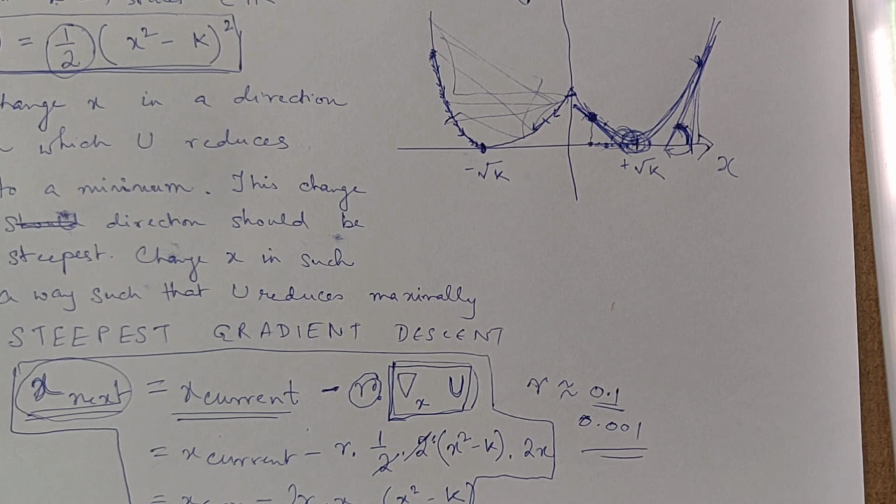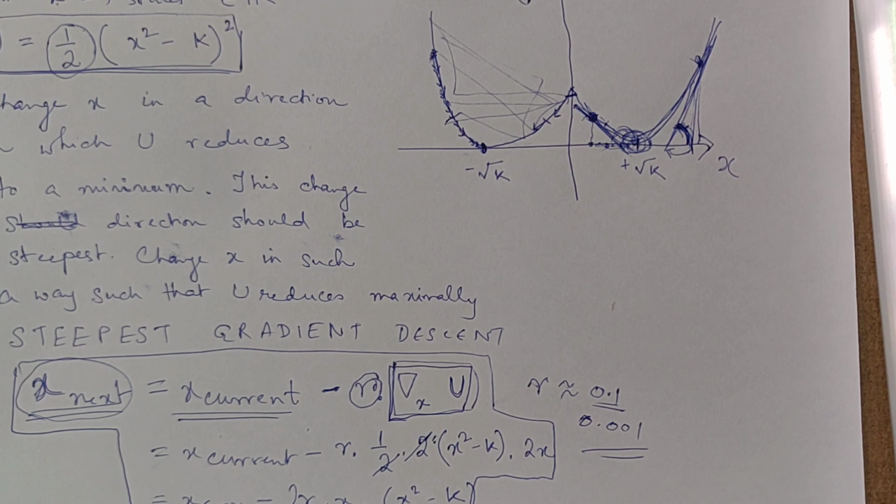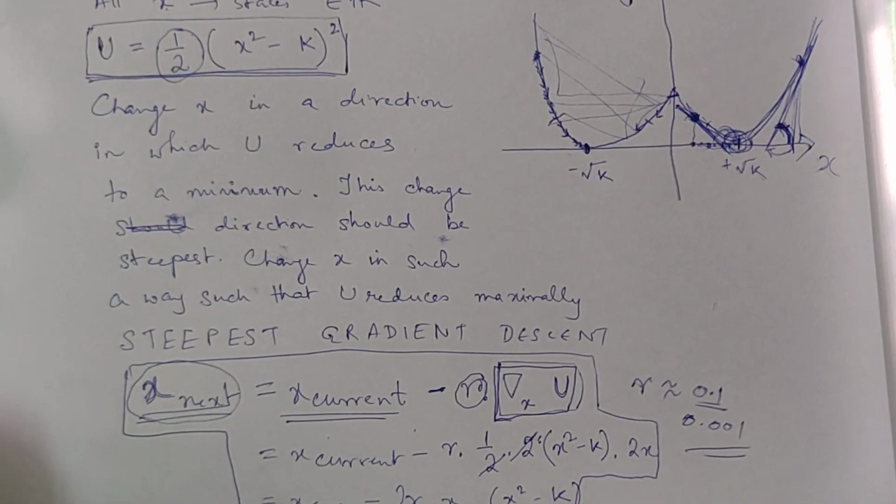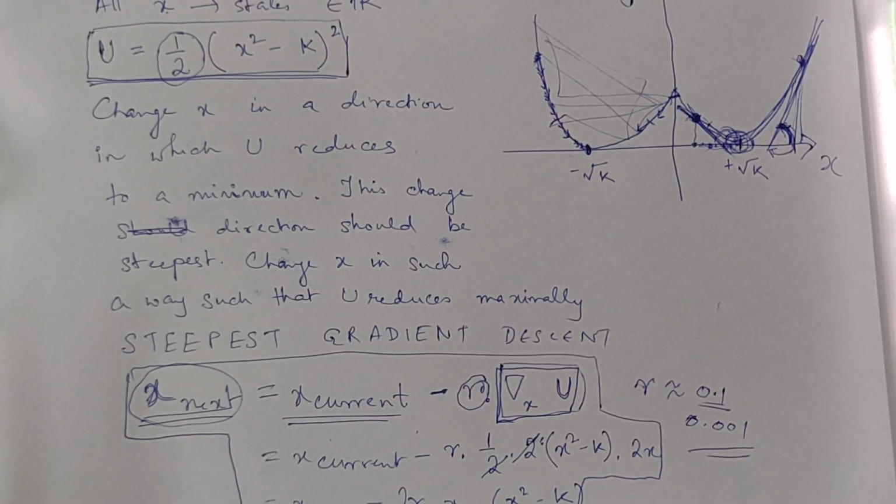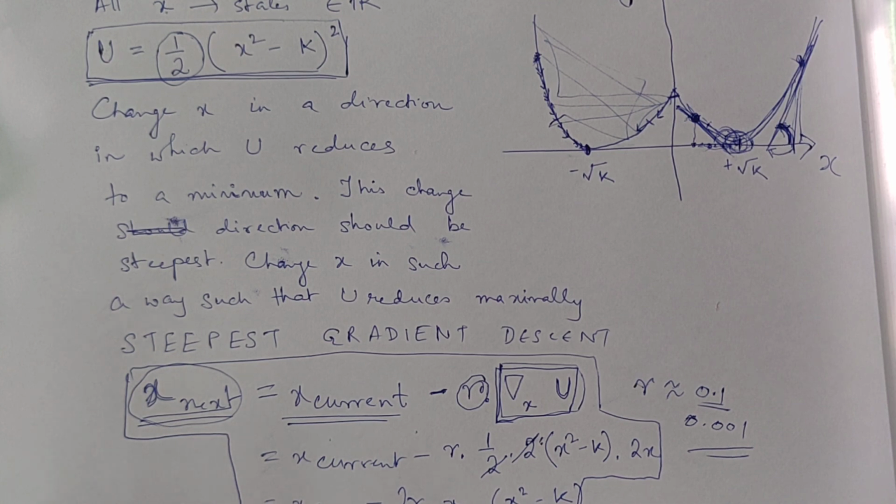So this is one example where we took a square root finding problem, formulated it as a minimization problem, and then solved it using steepest gradient descent, which is actually not hill climbing, it is going down the hill to the lowest valley possible.